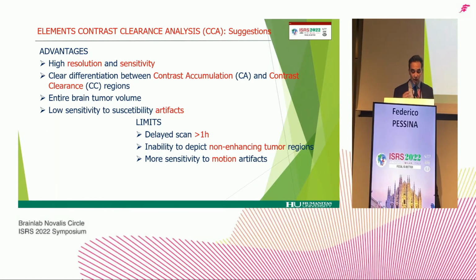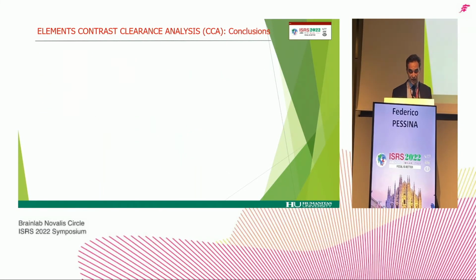The possibility to evaluate the entire brain tumor volume and the low sensitivity to susceptibility artifacts, while there are also some limits: the necessity of the delayed scan, so a patient performs another T1 with gadolinium MRI 1 hour after the first sequence, the inability to depict non-enhancing tumor regions, and the greater sensitivity to motion artifacts.